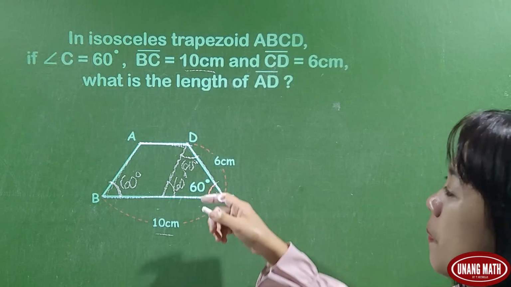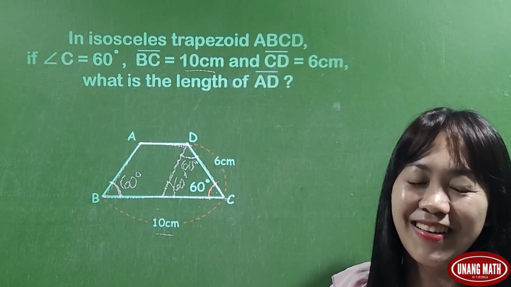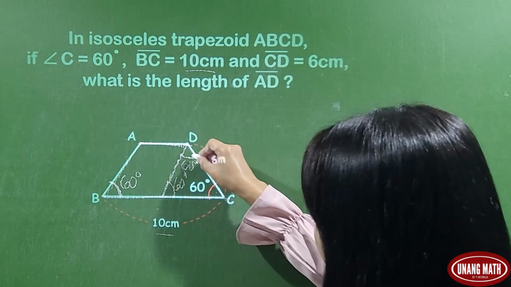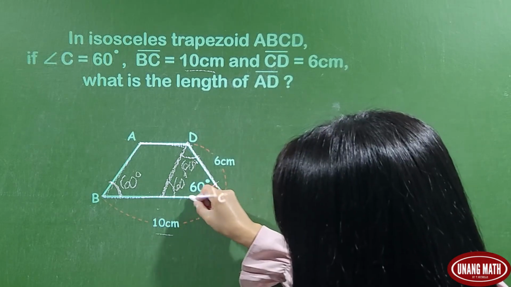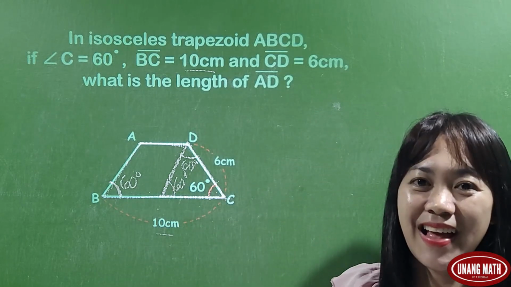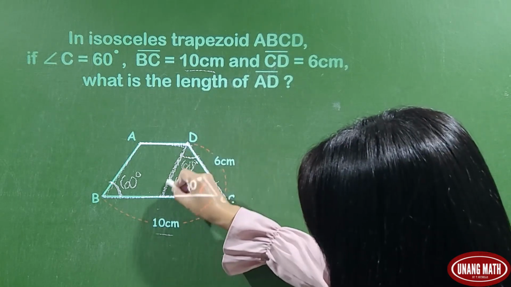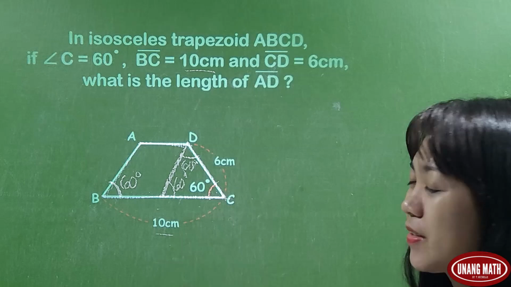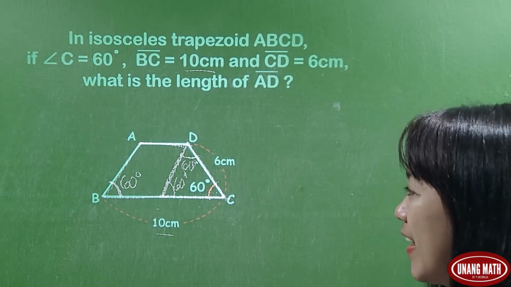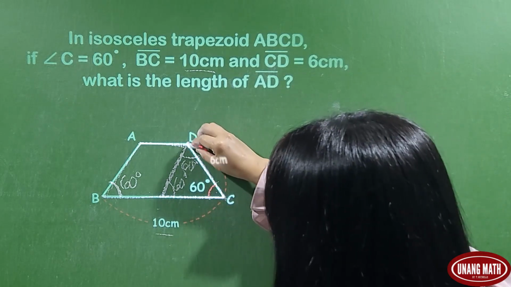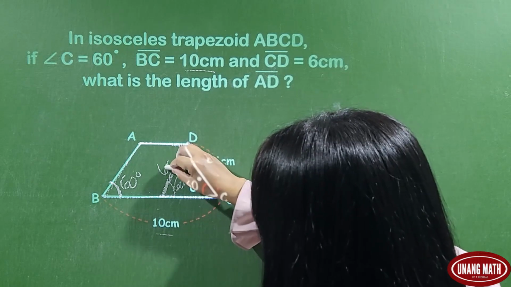Because take note, the sum of the interior angles of any triangle is 180 degrees. So this is 60, 60, and 60. And this triangle is an equilateral triangle. If it's an equilateral triangle, then all the sides and angles are equal in length and measures. So if this is 6 centimeters, then this is also 6 centimeters.